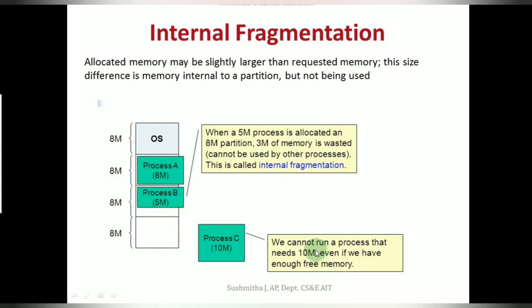Now if there comes another process, say process C, notice it here. Process A is of 8 MB, process B is of 5 MB, and process C is of 10 MB. When I see here, I feel that I could accommodate it, but unfortunately I am not able to.